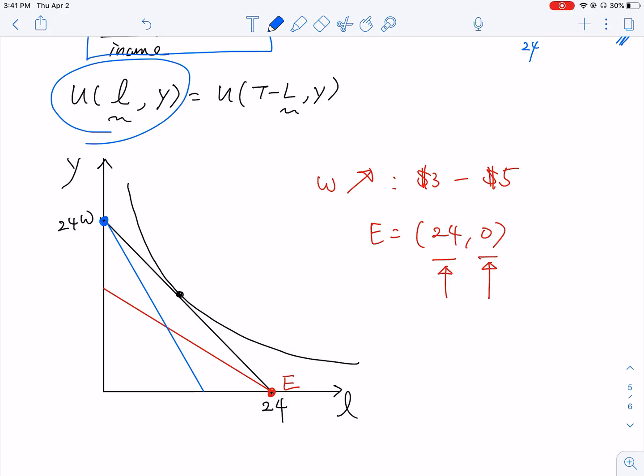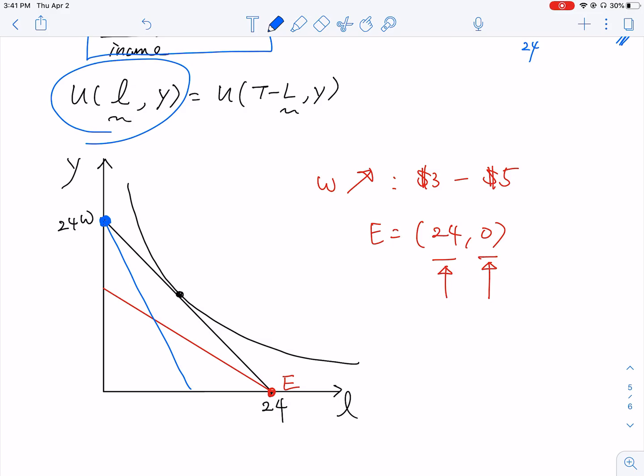But that's not the case here anymore, because previously the composite good was measured in dollars, and your endowment was dollar money. So the endowment was always at this corner.